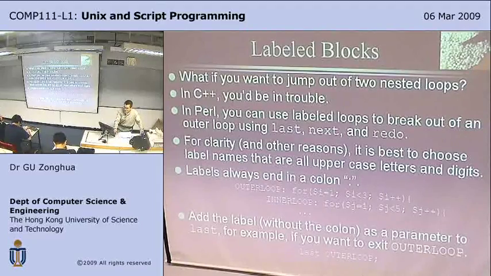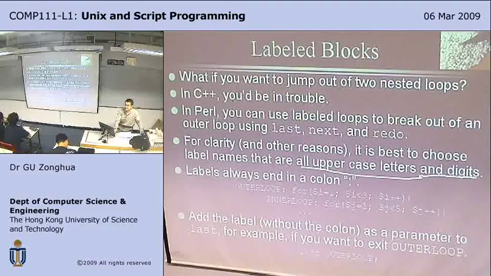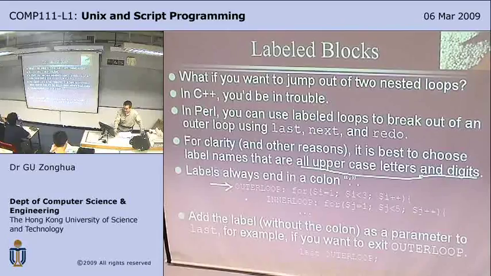In Perl, you can use a labeled loop to break out of the outer loop with last, next, and redo. And for clarity, it's best to choose label names that are all uppercase letters and digits. This is a convention. You don't have to do it, but it's really for clarity. So you can label the outer loop with the word OUTERLOOP, colon, INNERLOOP, colon, before the for statement, or while, or until.